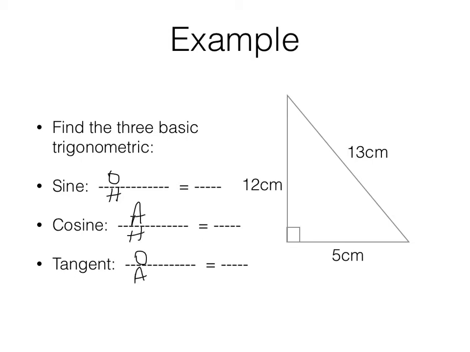So three trigonometric ratios, and I want to do that with x equal to this angle right here. Okay? So sine is going to be opposite, which is 12, over 13, which is hypotenuse. Cosine will be adjacent, which is 5 over 13, right? And tangent would be 12 over 5. Okay?